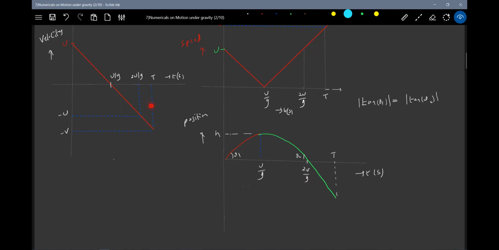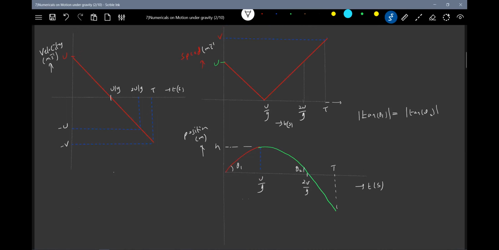So this will be the velocity, this will be the speed, and this will be the position of a particle as a function of time. Okay, I'll give all the units. I think these are very important for a body projected vertically from a tower of height h at t equals 0.